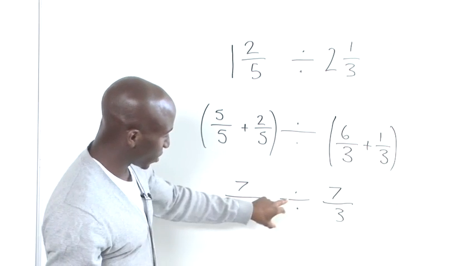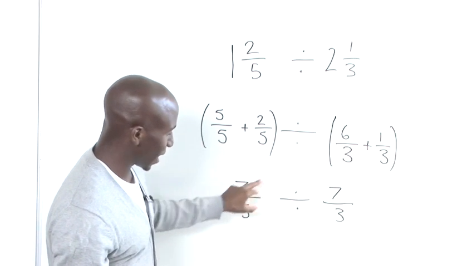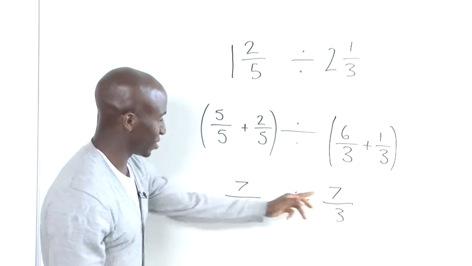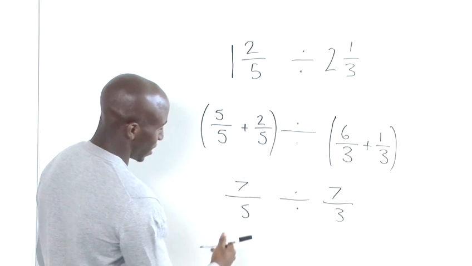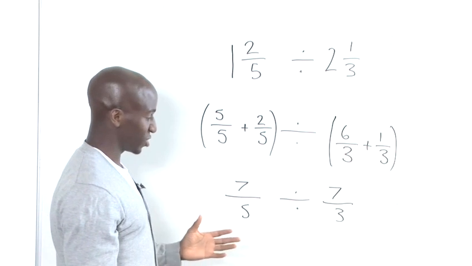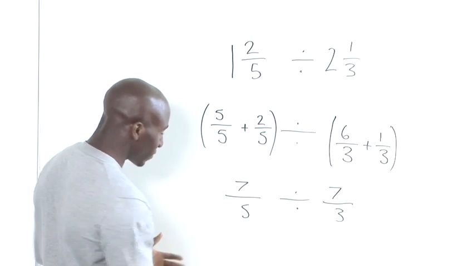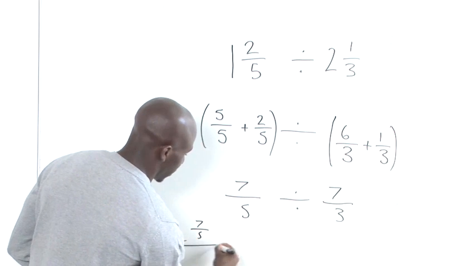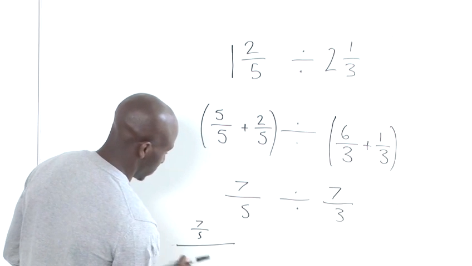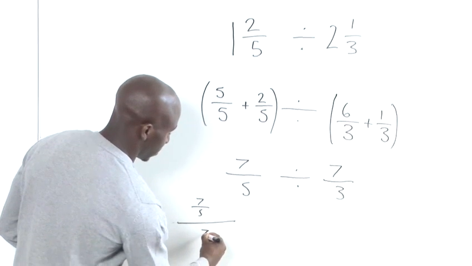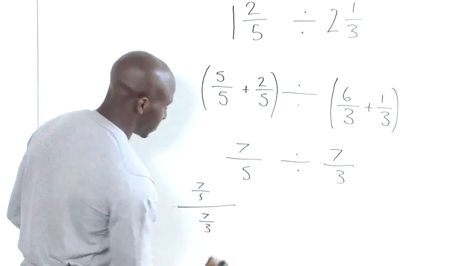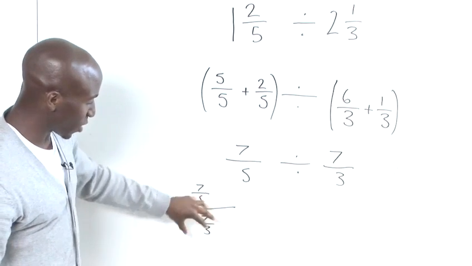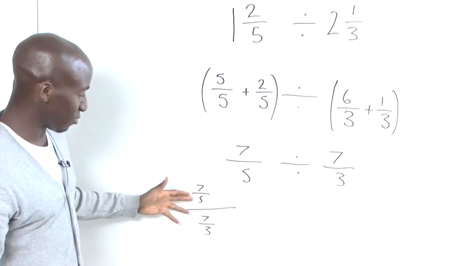Now, in order to understand what's happening, this generally looks like any other fraction that you would find, i.e. 7/5 divided by 7/3. But this is a little bit complicated to actually resolve.